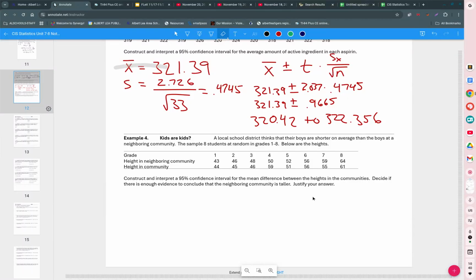One thing we didn't do yesterday, I want to make sure we say today, and that is the interpretation piece of this is very important. What does this mean?